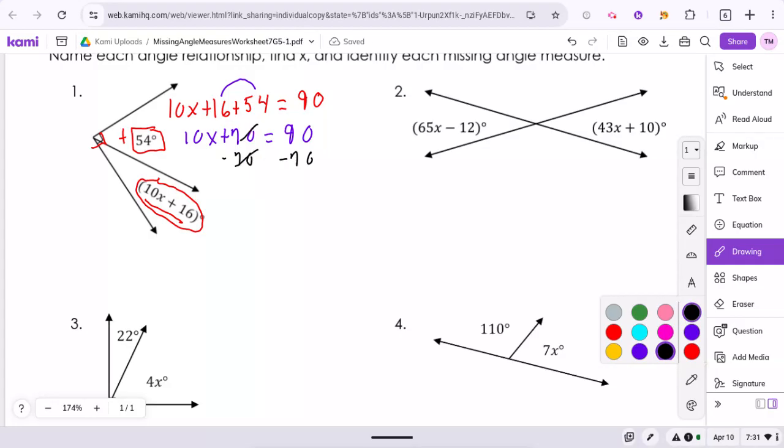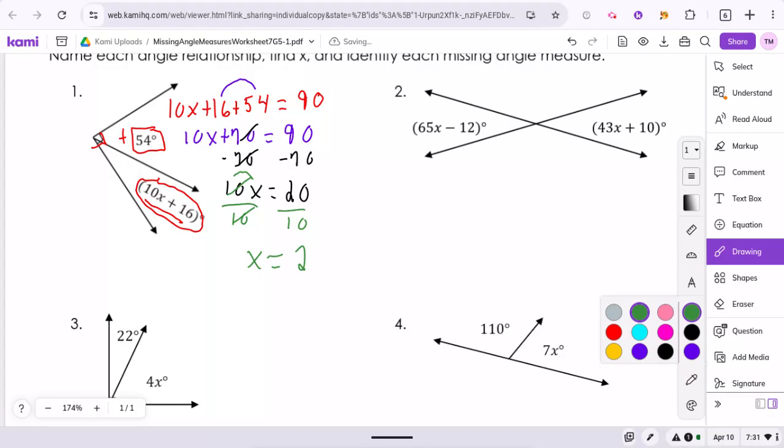These would cancel. You'd be left with 10x equals 20. Then it's 10 times x. So to get rid of that, you would divide by 10. These would cancel. You'd have x equaling 2.